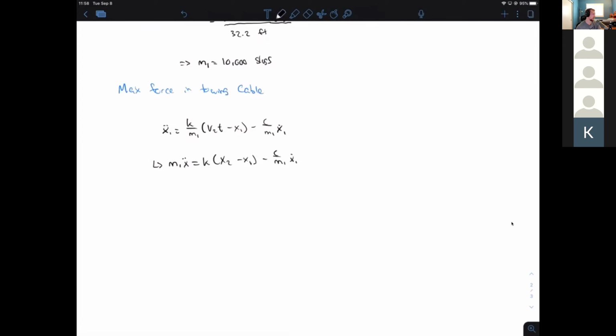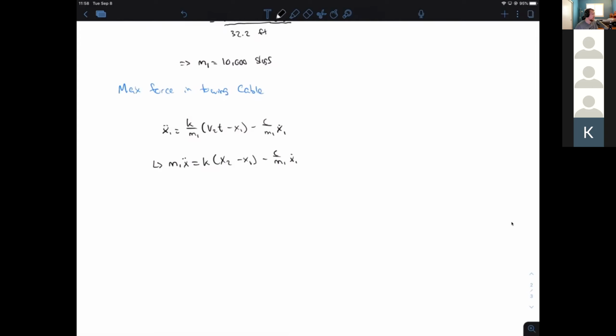Okay, so I've rewritten our equation of motion here. So I have basically force on the left. So we have mass times acceleration, then equals k times x2 minus x1. Again, I just rewrote x2 because we know that equals v2 times t. And we have minus c over m1 times x dot 1.